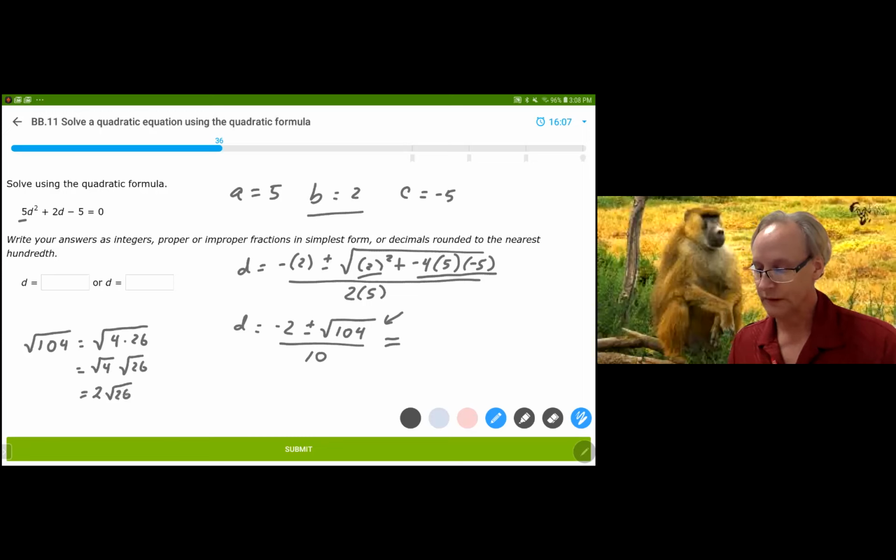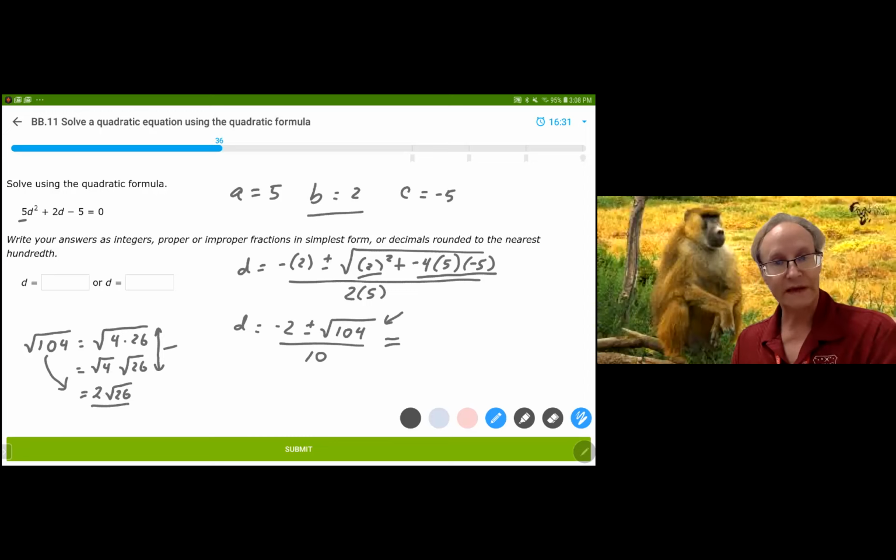Now, eventually, you're probably going to be able to eliminate these two parts and go directly from here to here like I do. But at first, you're probably going to have to write them out. It just takes a little bit of practice, though. Now, 2 square root of 26 is the reduced version of the square root of 104.